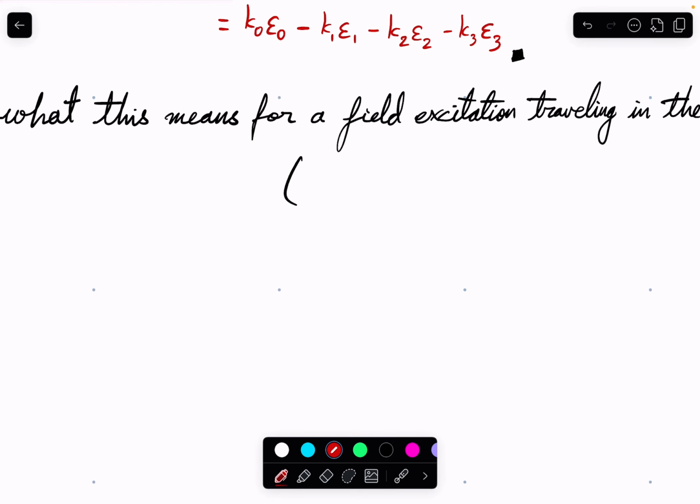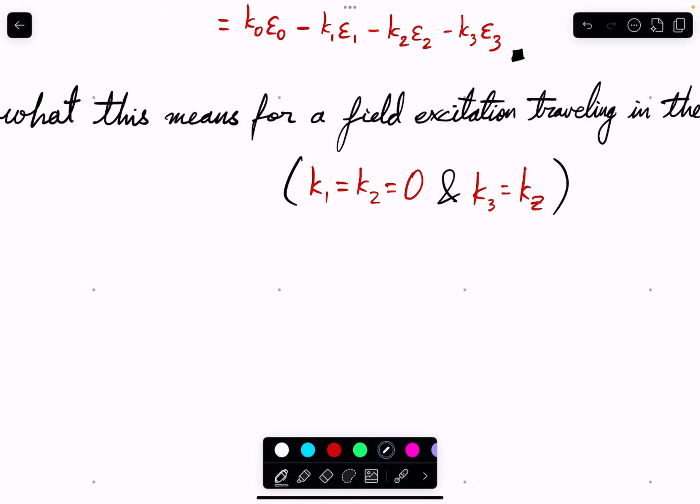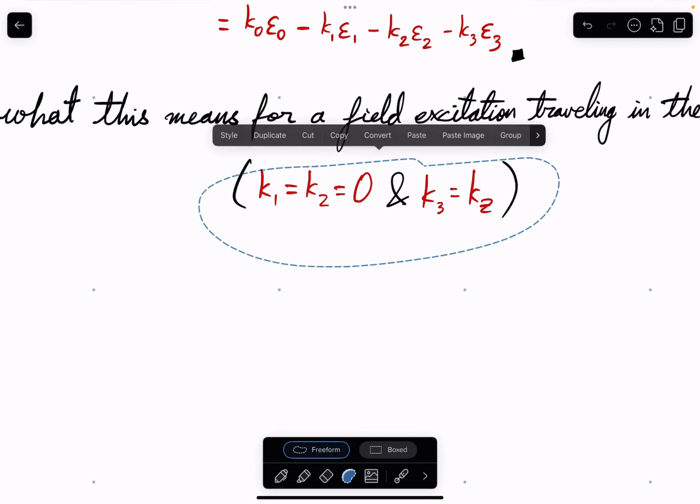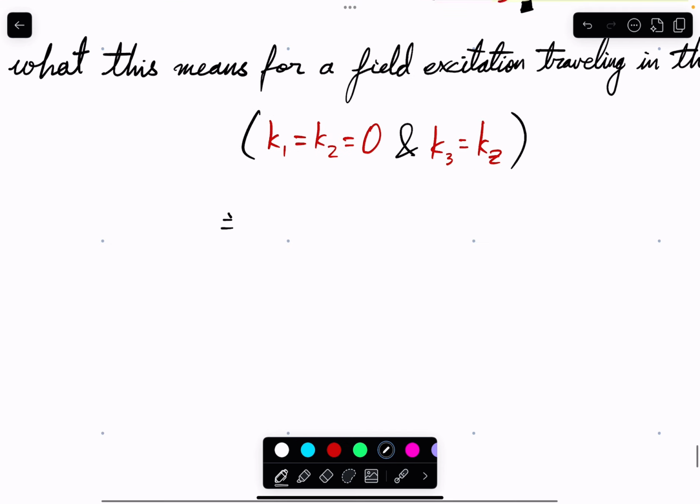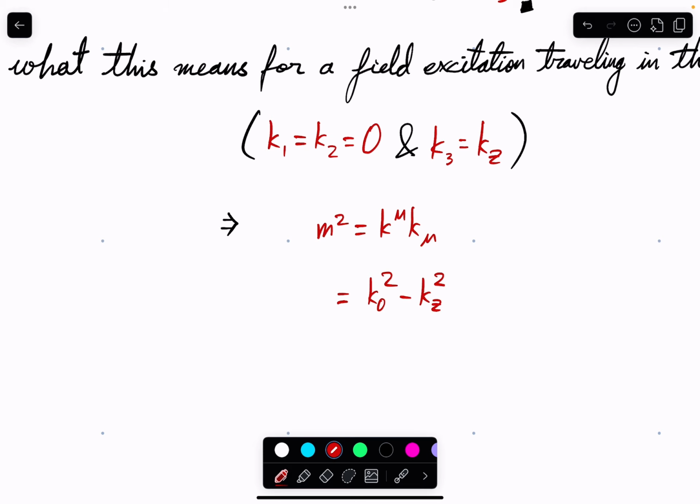So if it's traveling in the z direction, then that tells us that k1 equals k2 equals 0, and k3 equals kz. So this implies that if we look at the mass shell condition, we now have this again. Well, because this is just a sum, and these are going to be 0, we just have k naught squared minus kz squared.